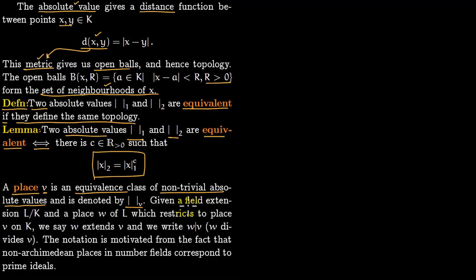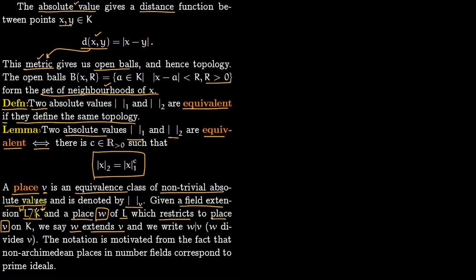Now say you are given a field extension L over K, and you have a place W which lives on L. So W will obviously contract to something on K. If you restrict it to K, it becomes V. So you have place W of L which restricts to place V on K. Then we say that W extends V. You have W here and you have V here.